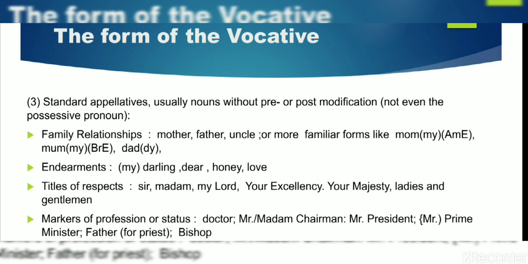So let's see the standard appellatives, which are the common nouns, or the nouns that are referring to family relationship, the endearments, etc. We will see these. So first, family relationships, like mother, father, uncle, or more familiar forms like mom, mommy, dad, daddy, etc. So these also could be used as vocatives.